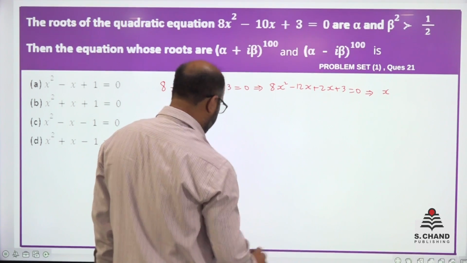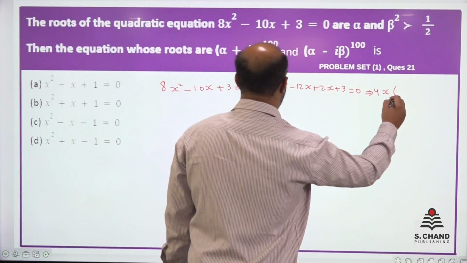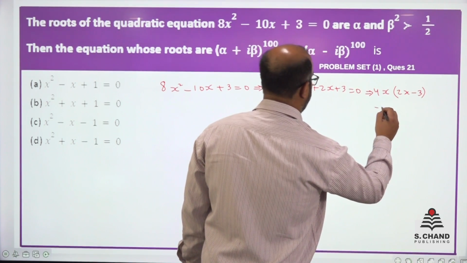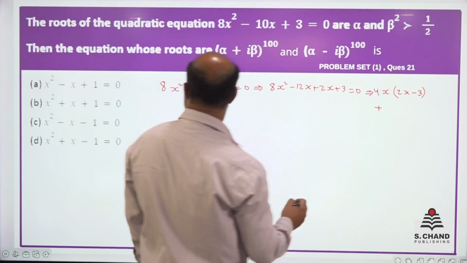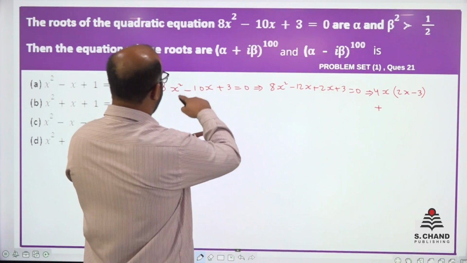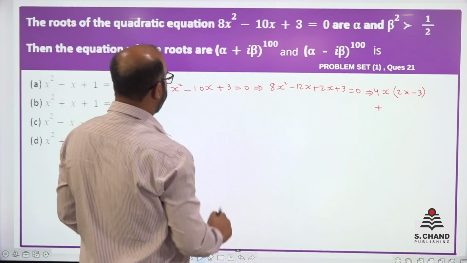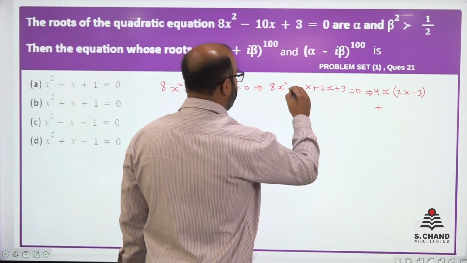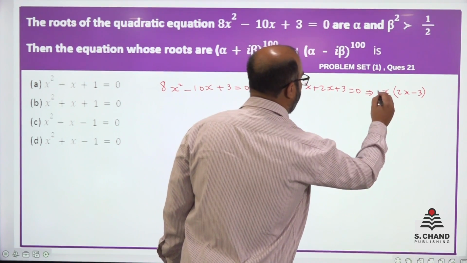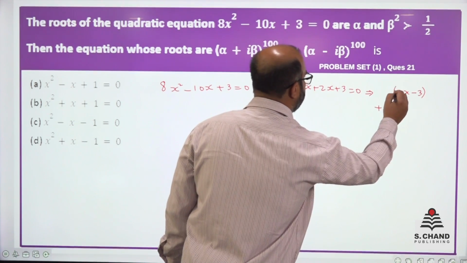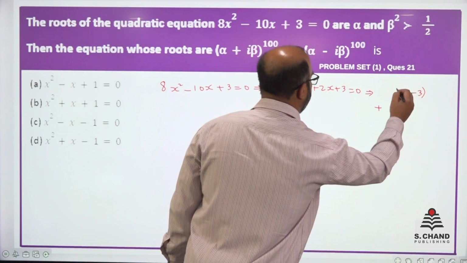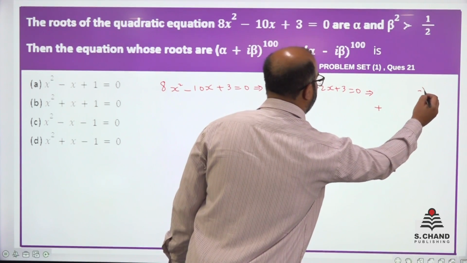So let us take 4x common, and this will be 2x minus 3 plus... 8 into 3 is 24, so it should also be 6 and 4. So this splitting is wrong. This splitting is 6 and 4 splitting, not 12 and 2, because AC is not negative, it is positive. So we need to find addition, not subtraction.